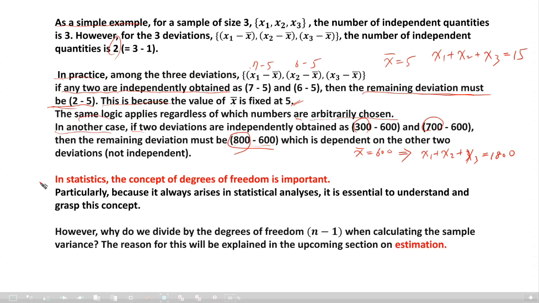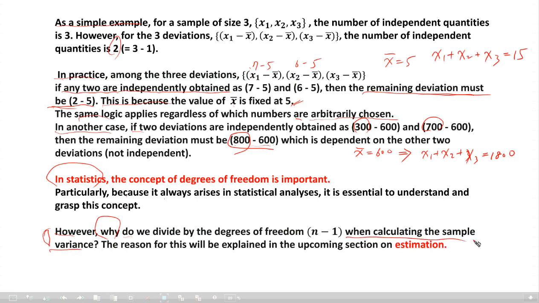What is degrees of freedom? In statistics, the concept of degrees of freedom is important. Here and there, you will meet degrees of freedom, especially when you analyze data with a computer. Because it always arises in statistical analysis, it is essential to understand and grasp this concept. However, why do we divide by the degrees of freedom, n minus 1, when calculating the sample variance?